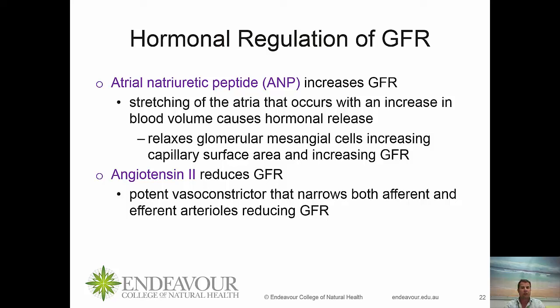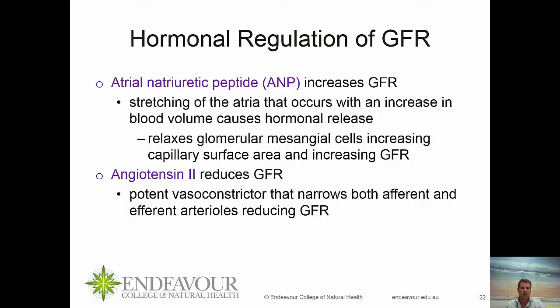Okay. The other hormone that's very, very important, and it has a role in reducing GFR, is called angiotensin II. In itself, it's a very, very potent vasoconstrictor. It narrows afferent and efferent arterioles and has a very potent effect on reducing their diameter, just like the sympathetic nervous system, and it reduces GFR.